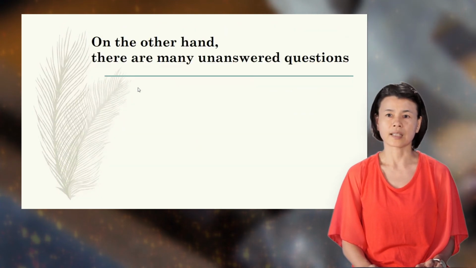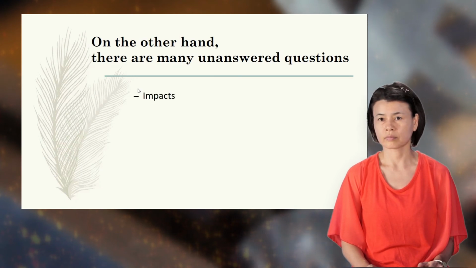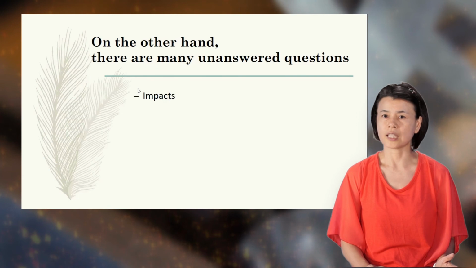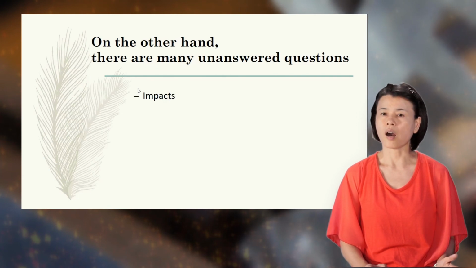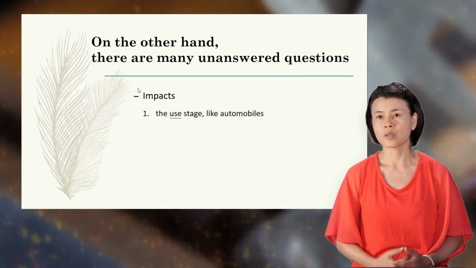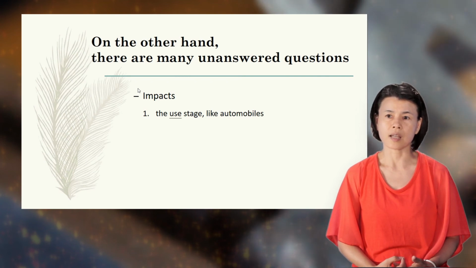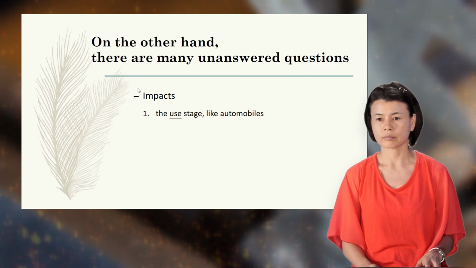However, on the other hand, there are many unanswered questions. What are the impacts of the products with nanomaterials? When nanomaterials are applied, are there any impacts at the use stage, like drivers driving a car?